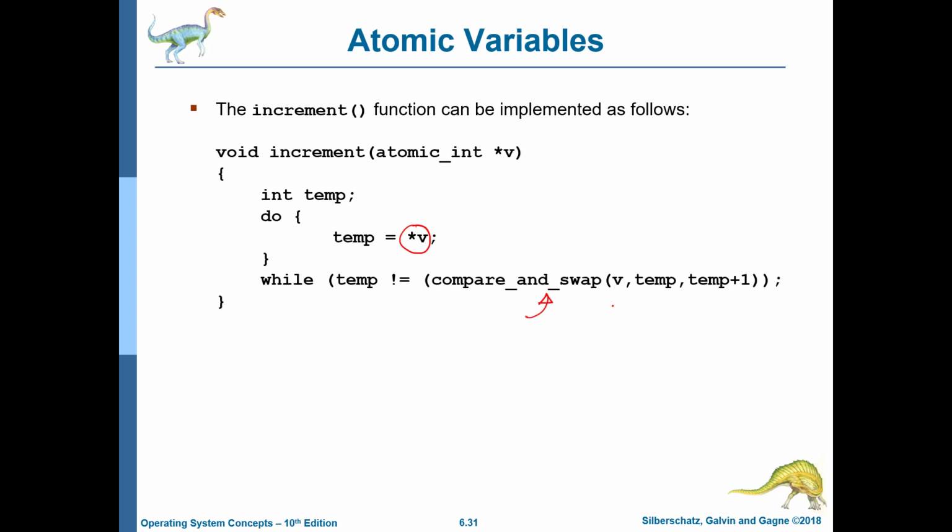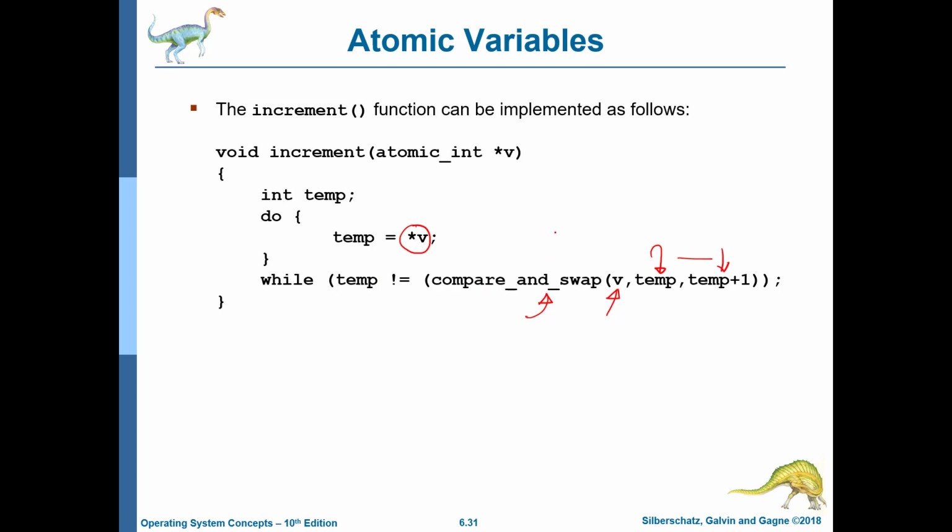So let the address be v, and as long as I was not able to change the value at the address of v from temp to temp plus 1, I will continue to loop.